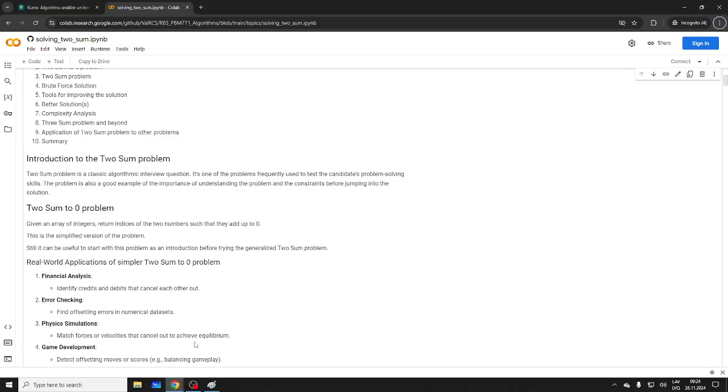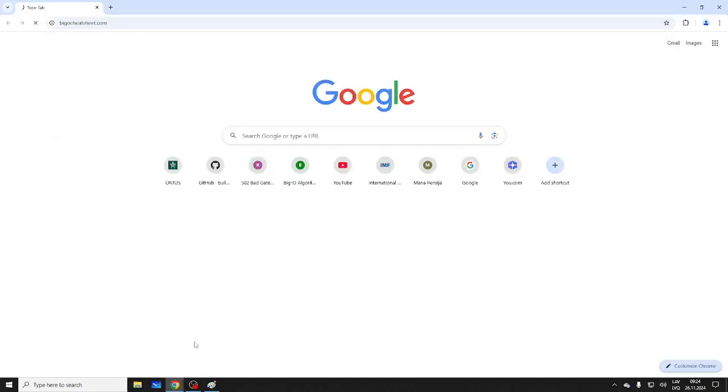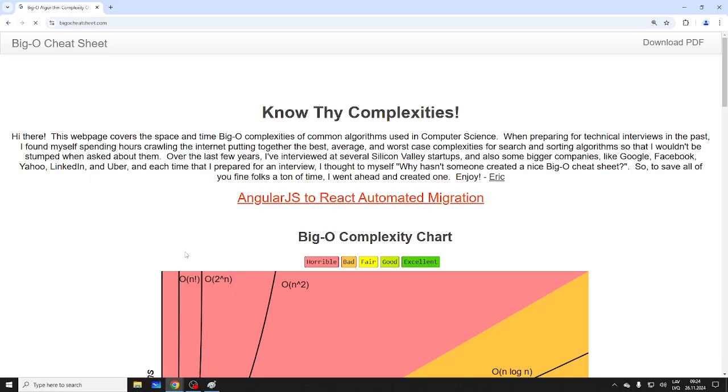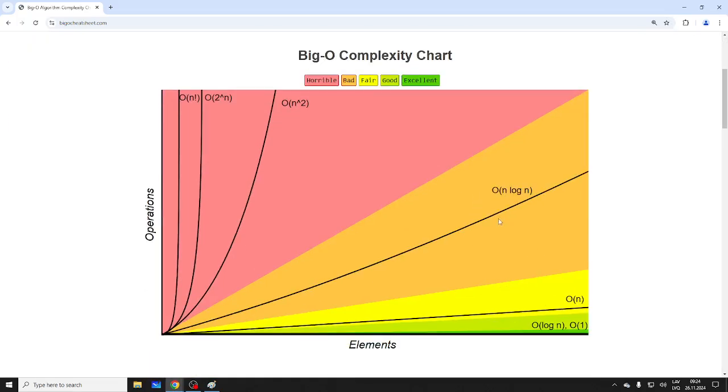What data structure do we know that has very good specific operations? So we are here, in the bad area. I'd say it's pretty decent, fair but okay. We don't want to be in the horrible area. We want to get down here, maybe to the fair area. That's where we want to end up.